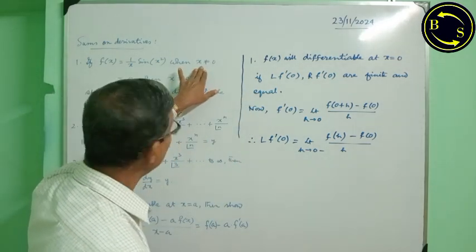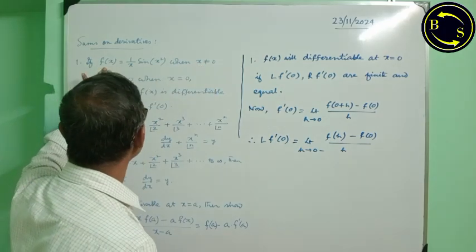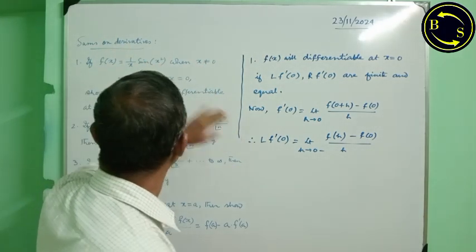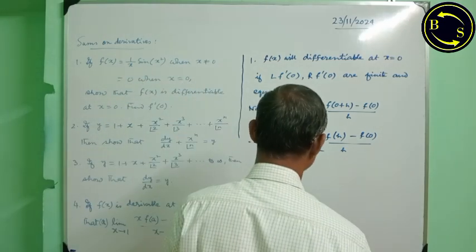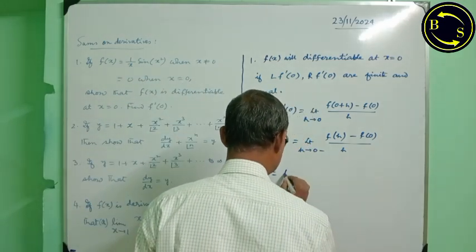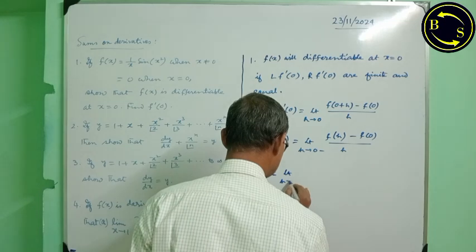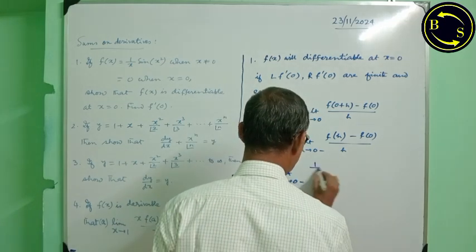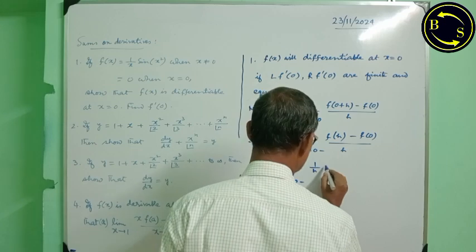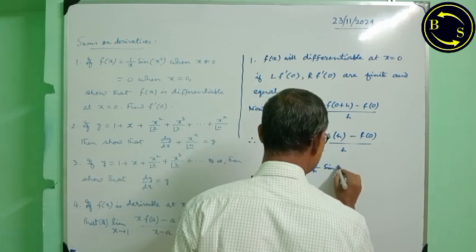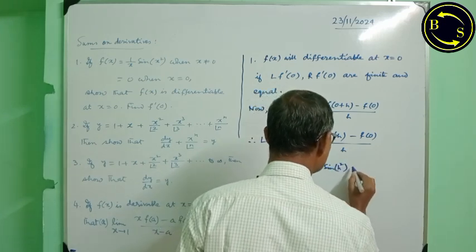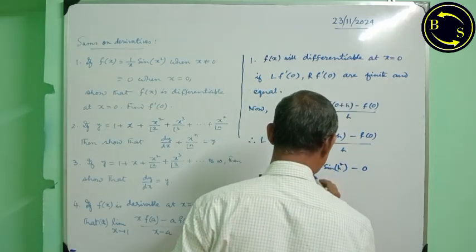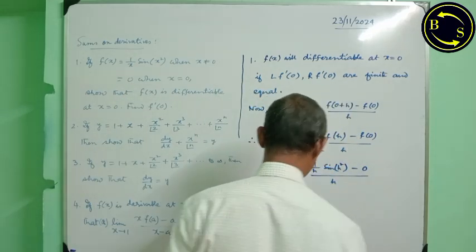For x not equal to 0, f(x) is defined by this. Therefore, we can write here 1 by h into sine a square, f(0) as per definition is 0, by h.